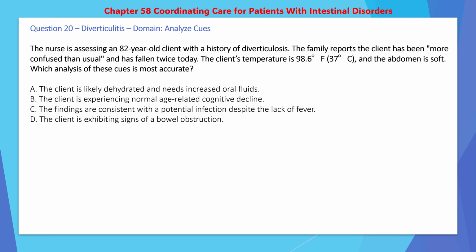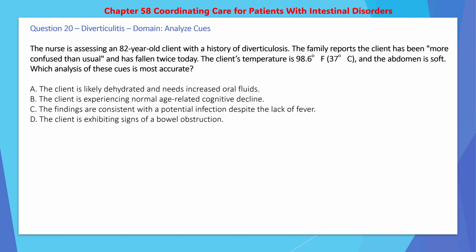Question 20, diverticulitis, the NCLEX domain: analyze cues. The nurse is assessing an 82-year-old client with a history of diverticulitis. The family reports the client has been more confused than usual and has fallen twice today.